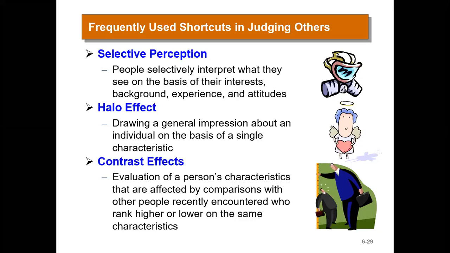Halo: drawing a general impression about an individual on the basis of a single characteristic, right? Those are the first impressions that we create. First impressions are generally created on the basis of that first little information that you're able to pick up. If somebody is sitting at the interview lounge and they have crossed their legs and sit very majestically, you have this impression, okay, looks like a very arrogant brat.